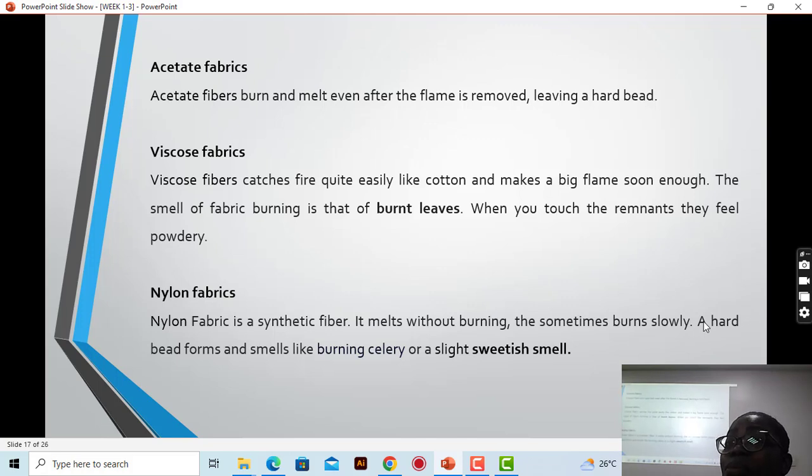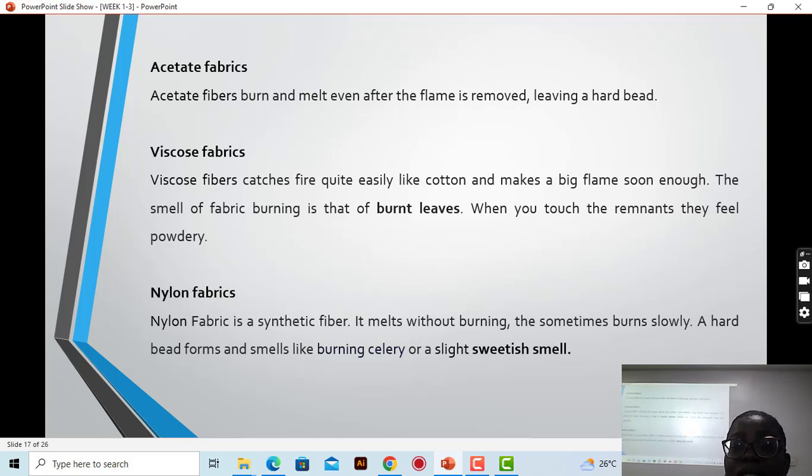It will melt until it exhausts the temperature that it has. It leaves a hard bead. When you touch the residue, you realize that it is hard.